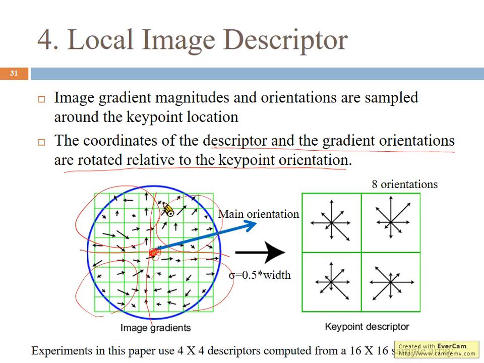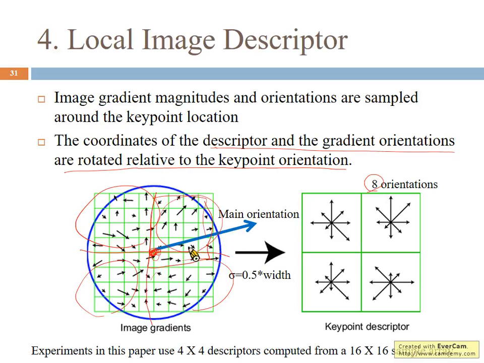And for each smaller patch, we will construct an orientation histogram. Assume that the orientations are quantized into 8 directions. Then for this small patch, we can construct an 8-dimensional orientation histogram. And for each histogram bin, the value is generated by accumulating the gradient magnitude.